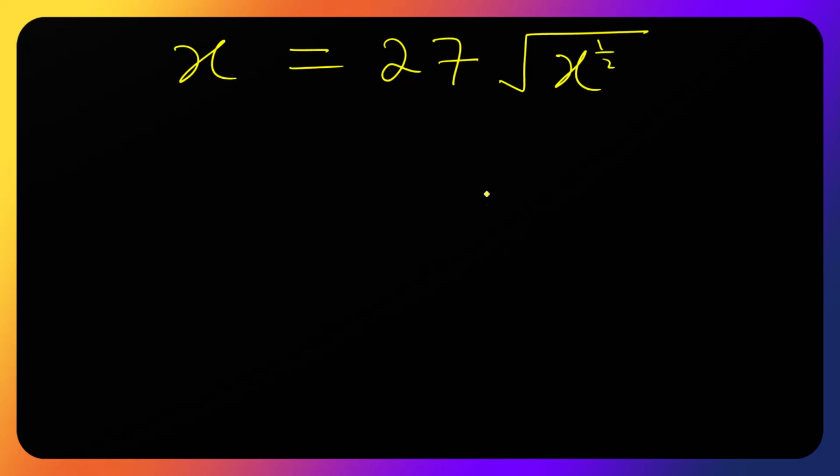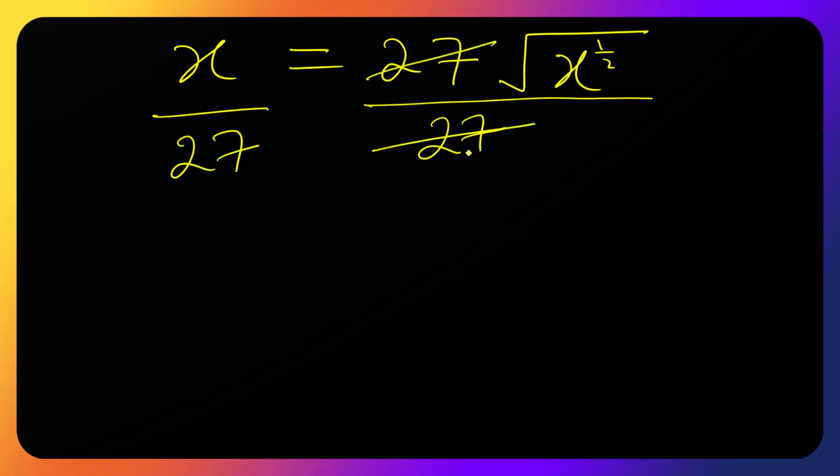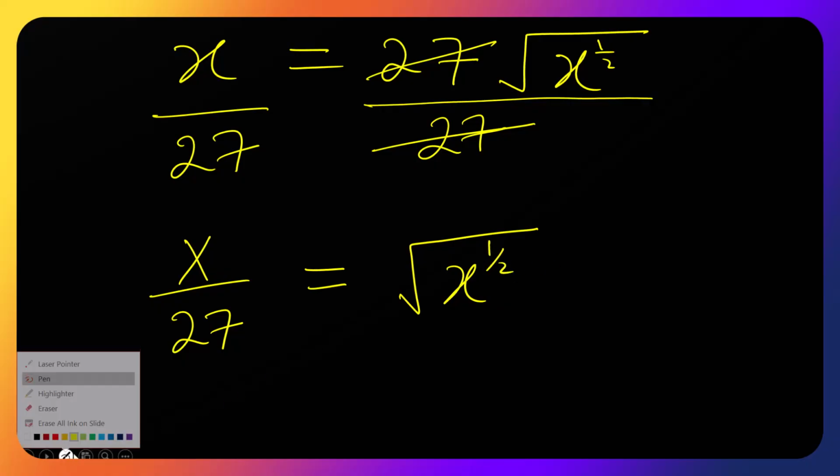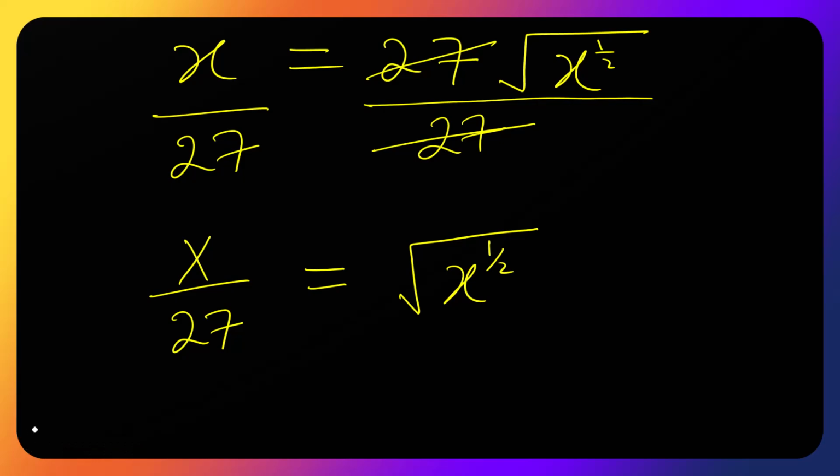Okay, so I would like to get rid of the 27 here. So from here, this side will cancel, so I have x over 27 equals the square root of x raised to the half. Now I can get rid of the square root here.